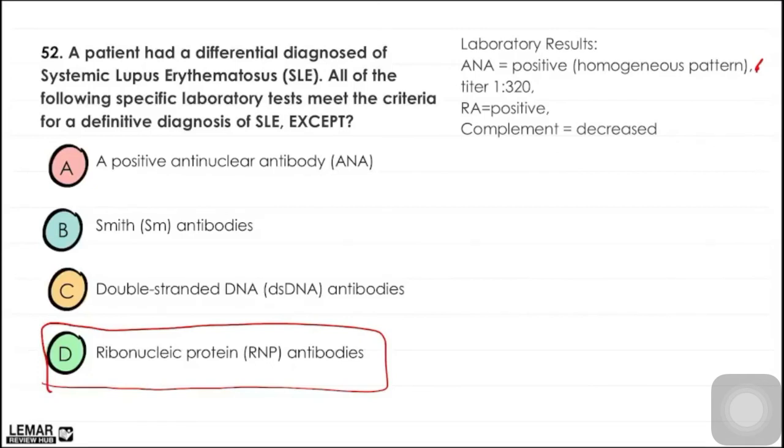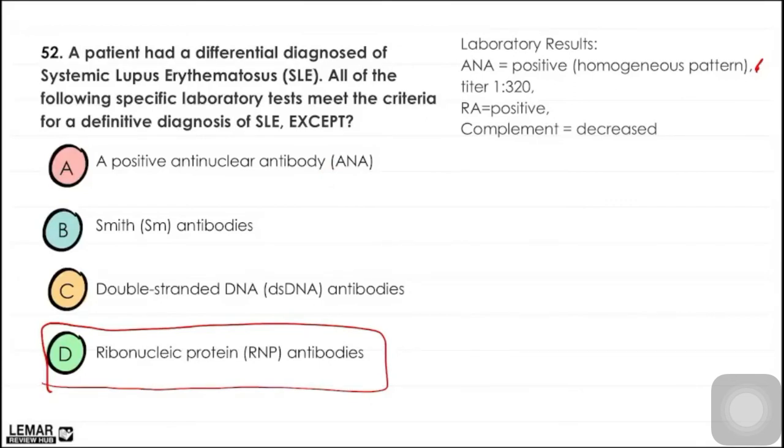So, in this case po, hindi po sagot ang letter D, ha? RNP antibodies are not specific for SLE or systemic lupus erythematosus. So, a positive anti-nuclear antibody or ANA, so initial laboratory result demonstrating positive ANA.